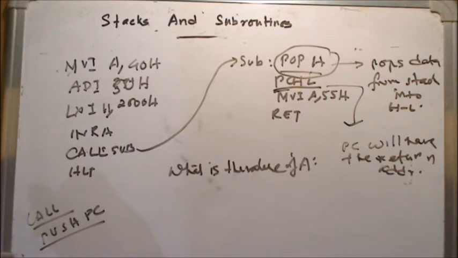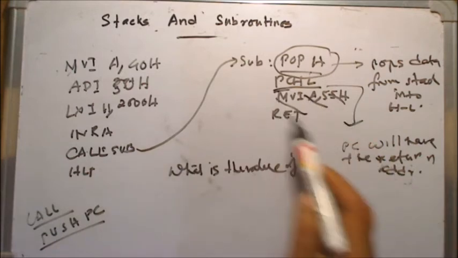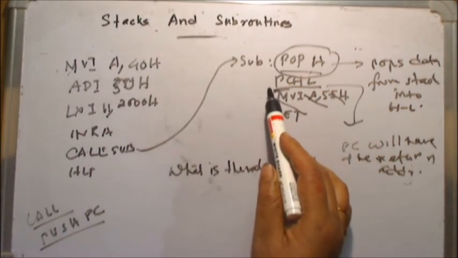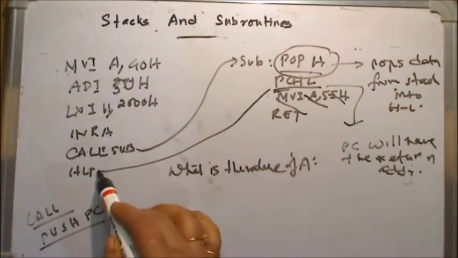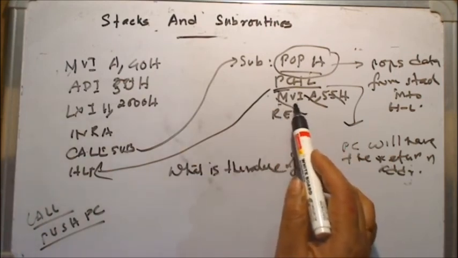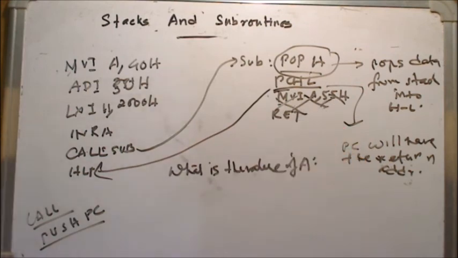That means it will directly go to the next instruction, and MVI A,55H and return will never be executed. Once the return address has come to the PC, it will go back to the next instruction of the main program, and the instruction MVI A,55H will never be executed. Understood?